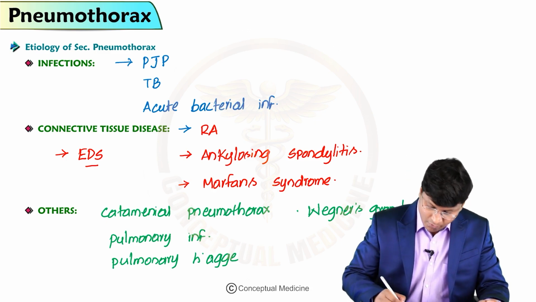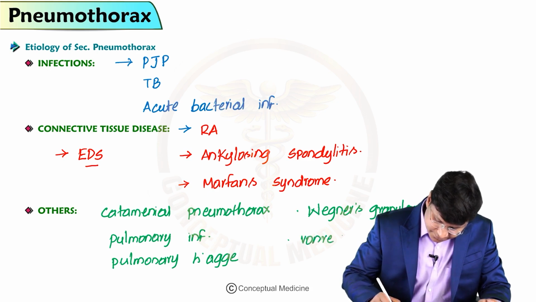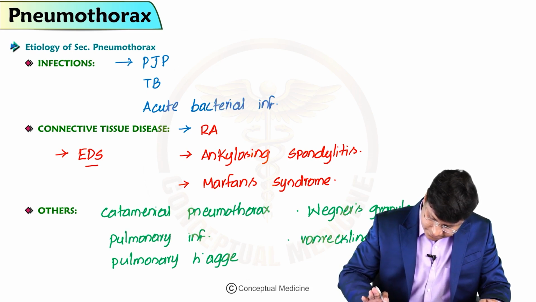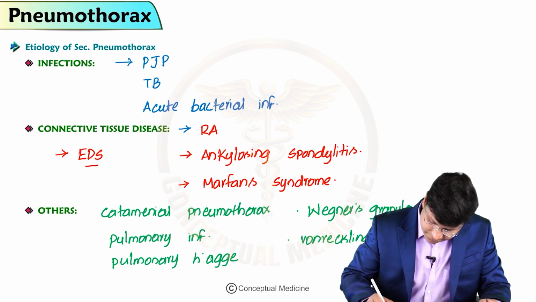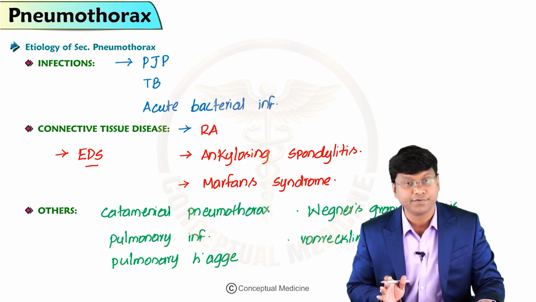Then lastly, von Recklinghausen's disease. So these are the causes for the development of pneumothorax.